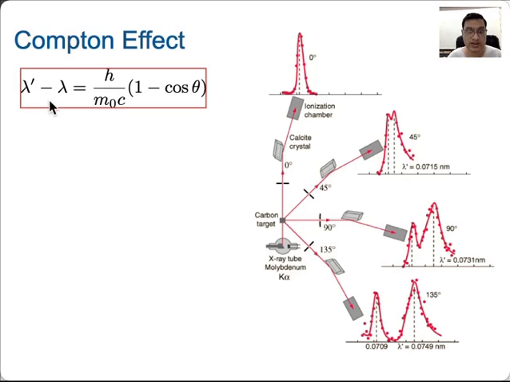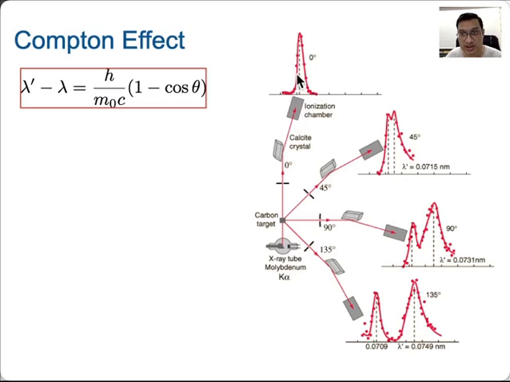The difference between the shifted and unshifted wavelength, or lambda prime minus lambda, is written in terms of 1 minus cosine theta times the Compton wavelength. So here is again the systematic picture. Your X-ray is coming out from your X-ray tube, here is your carbon target, and this is the arrangement by which you are collecting the scattered photon in the detector.